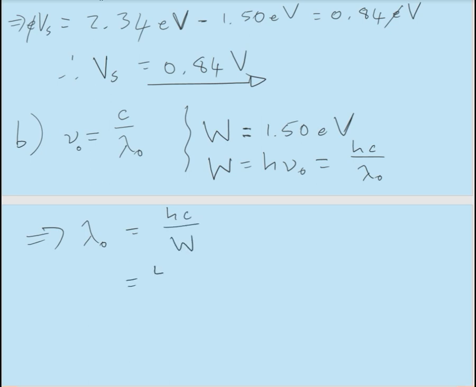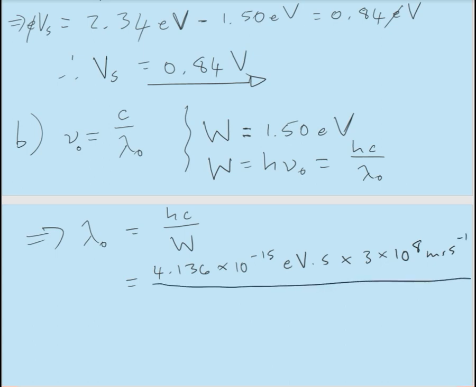So Planck's constant here is 4.136 times 10 to the minus 15 electron volt seconds, and then of course times the speed of light, which is 3 times 10 to the 8 meters per second, and then this must all go over the work function, which is 1.50 electron volts. So the electron volts cancel, and then the second cancels with the second to the minus 1, so we're left with meters. So at least we know our formula is right.